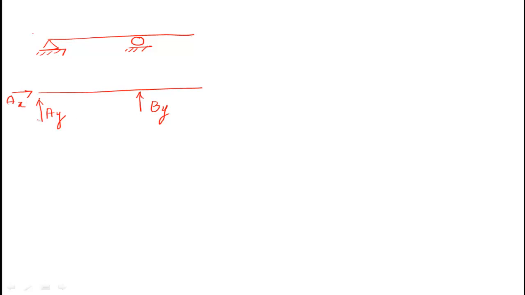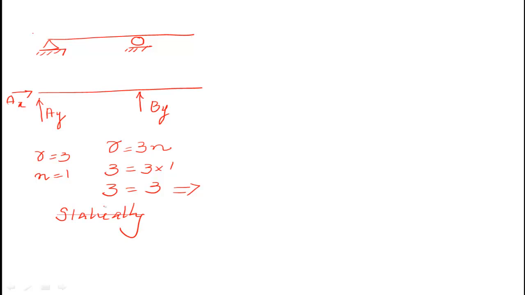That means this beam has 3 support reactions, so r = 3, and we also know that n = 1. It's only one part, the beam, so r = 3n gives 3 = 3 multiplied by 1. That means 3 = 3. This shows us that this structure is a statically determinate beam.